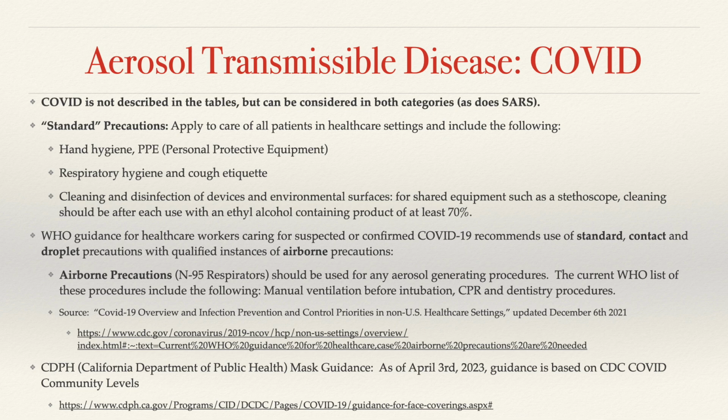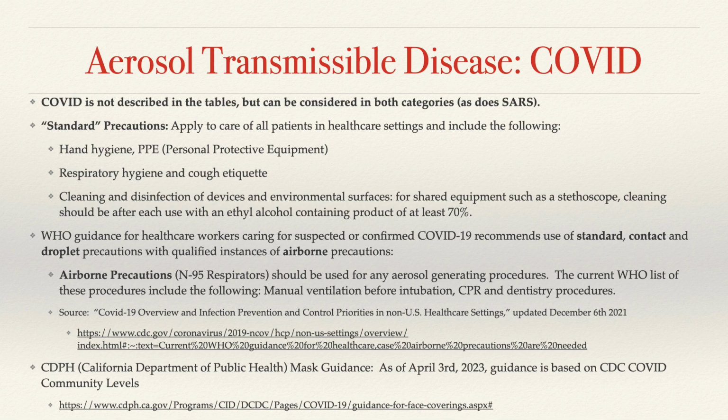Now, the World Health Organization guidance for healthcare workers who are caring for confirmed or suspected cases of COVID-19 recommends the use of standard, contact, and droplet precautions, with a qualification for the instances when you have to take airborne precautions. So, airborne precautions, or in this case the N95 respirators, should be used for any aerosol generating procedures, again according to the World Health Organization.